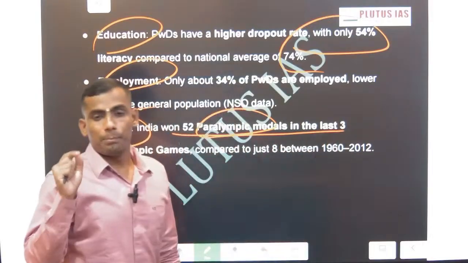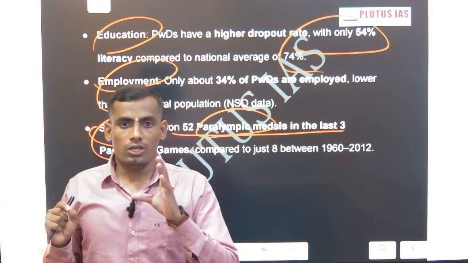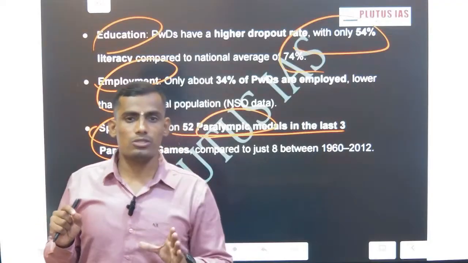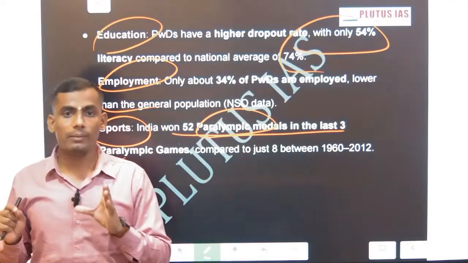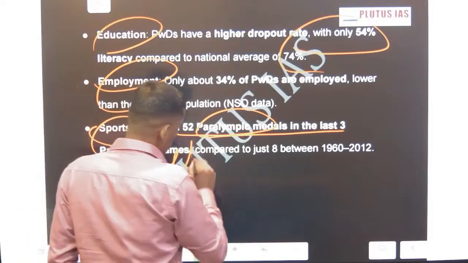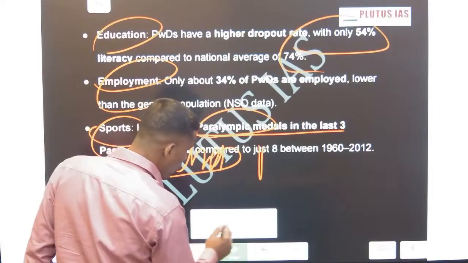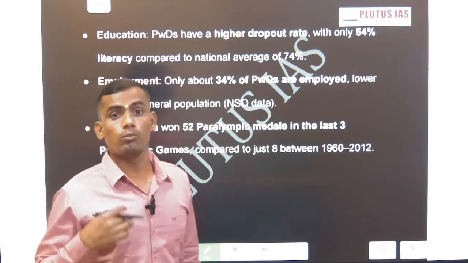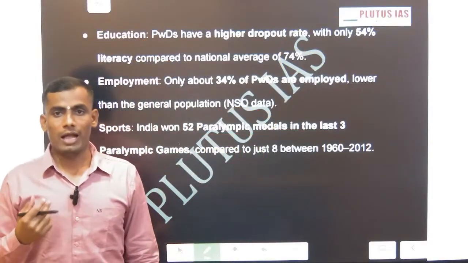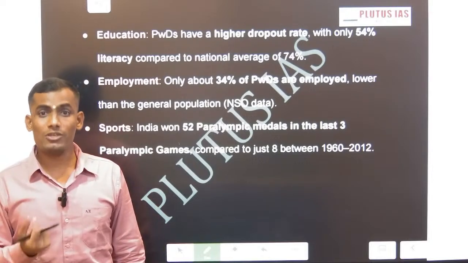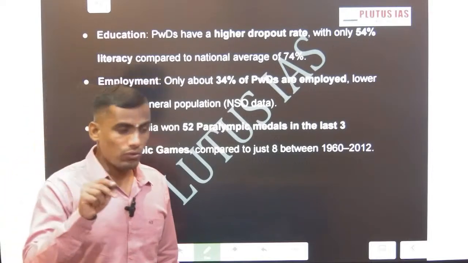Paralympics are the best example of this. If you see the 2024 Paris Olympics, who gave more medals to India, our normal Summer Olympics or the Paralympics?